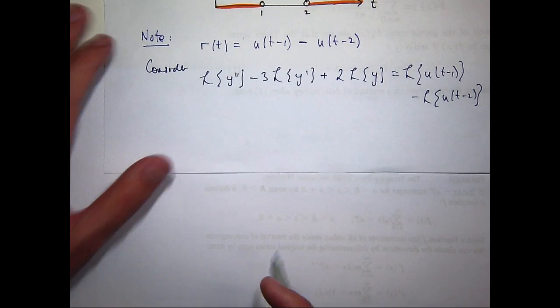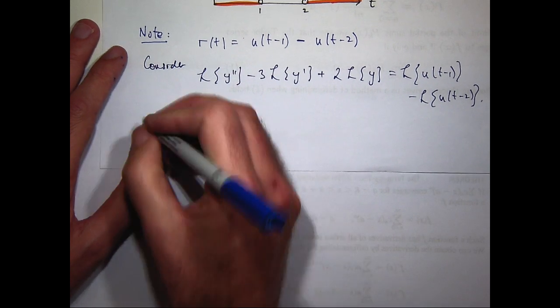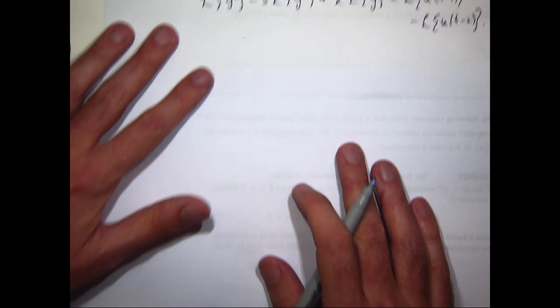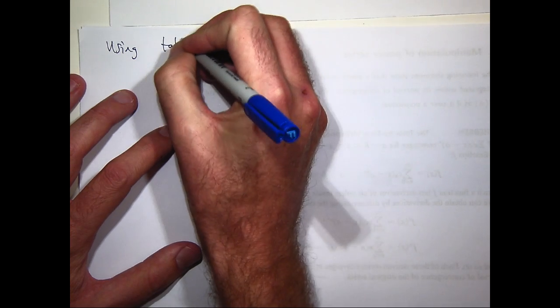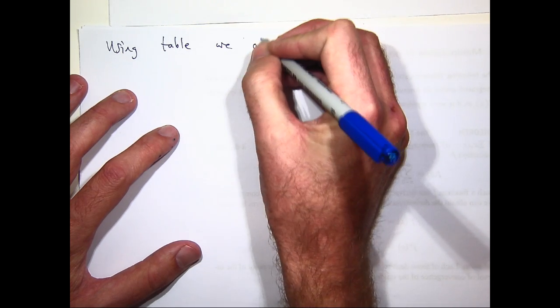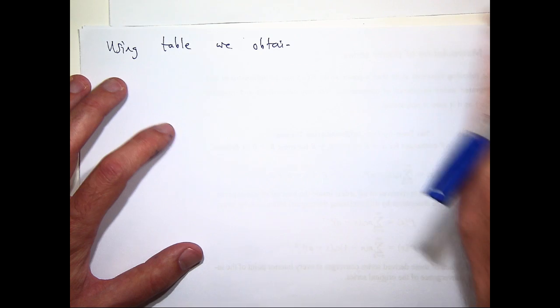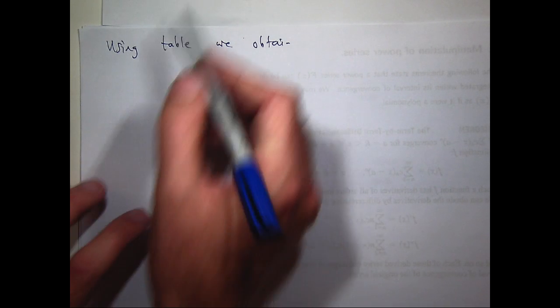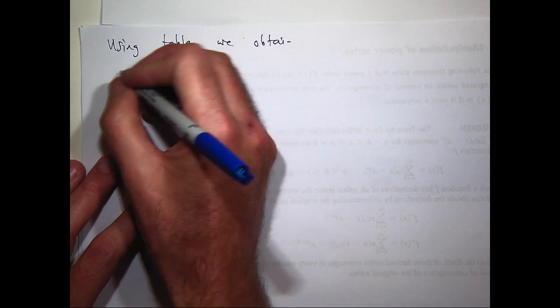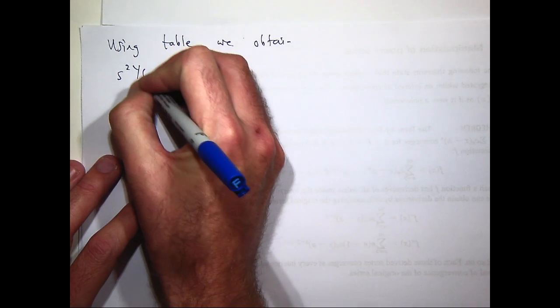So using a table, we obtain the following. Transform of derivatives for y double prime is this.